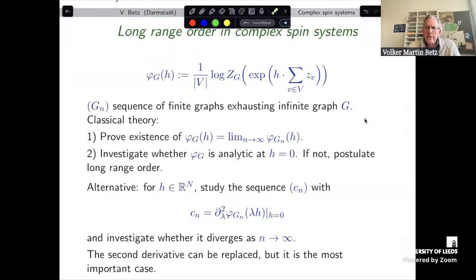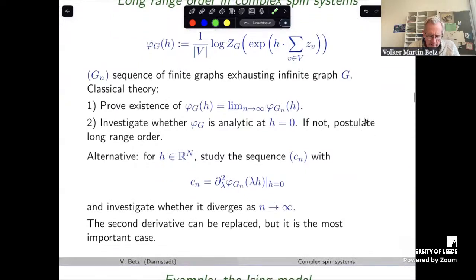So why don't I just study the second derivatives of this quantity, or any derivatives of this quantity at h equals 0? And if they diverge, then it's probably going to be something terrible. So I just take the finite volume free energy, look at the sequence of, in this case, second derivatives, directional derivatives in some direction h, and look at the sequence of these second directional derivatives.